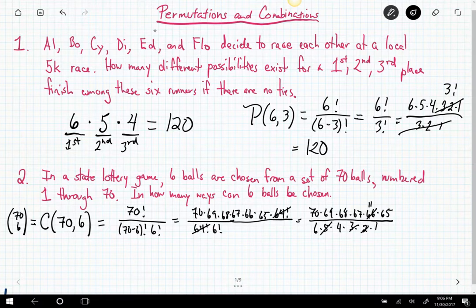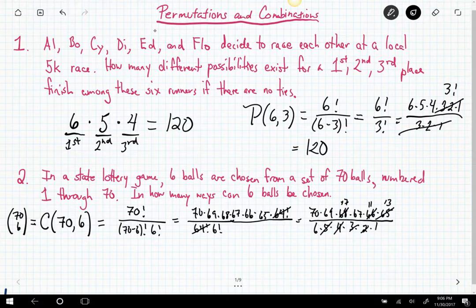So we'll take 5 into, say, 65. What are we left with? Well, that should be 13, I believe. And where can 4 go into? 4 goes into 68, and that should be, I believe, 17 times, if I remember correctly.